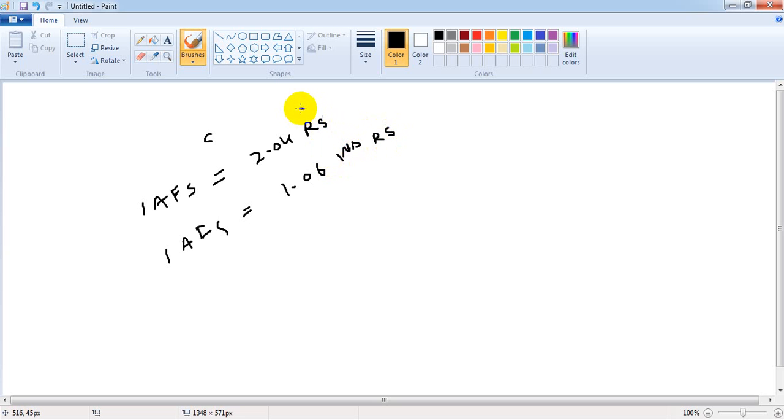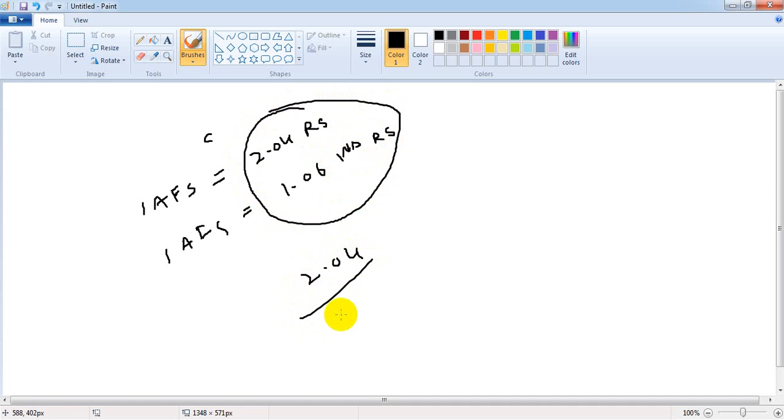So you can find the exchange rate between Pakistani rupees and Indian rupees by dividing 2.04 by 1.06.